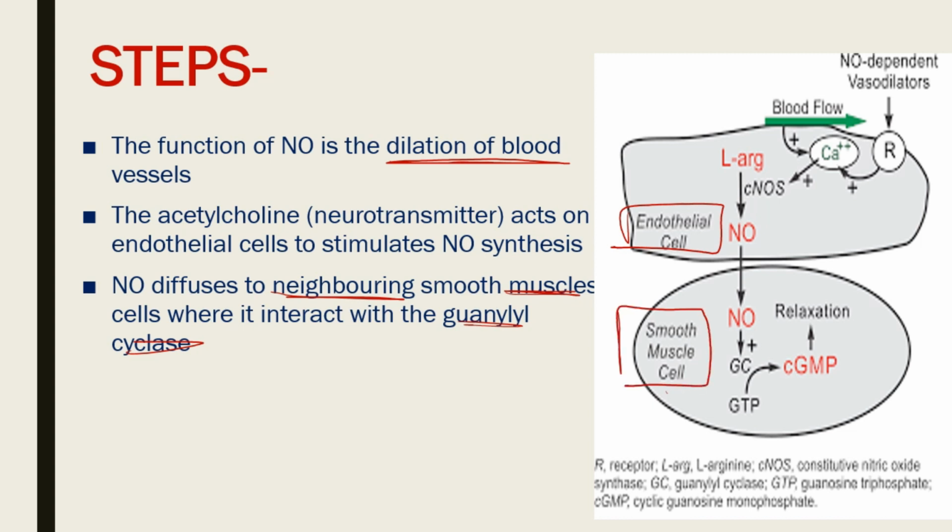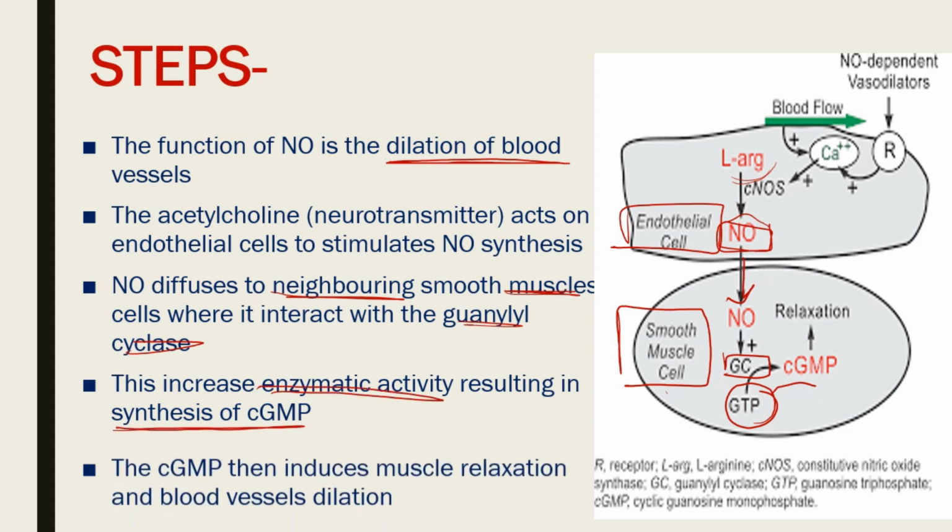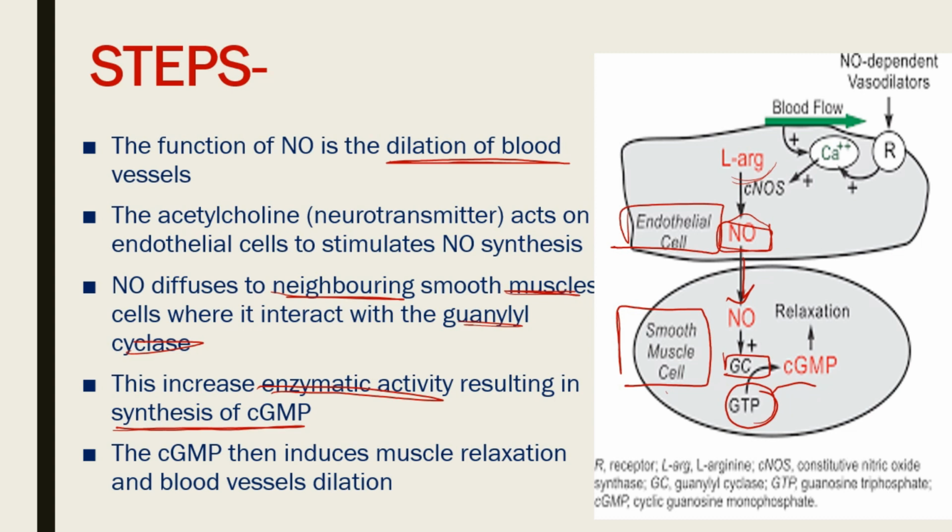In the endothelium cell, with the help of arginine, nitric oxide is made and enters the smooth muscle cell, where it interacts with guanylyl cyclase, which with the help of GTP produces cGMP. This increased enzymatic activity results in the synthesis of cGMP, which induces muscle relaxation and blood vessel dilation.